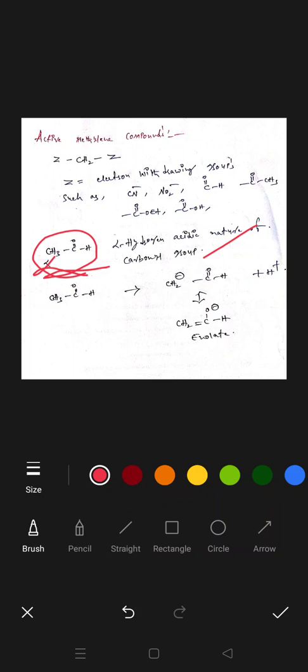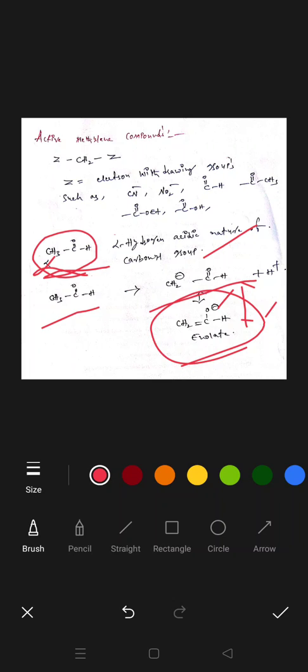This carbon ion is stable because it undergoes tautomerism to form the enolate, a stable species. In this enolate, the negative charge on the carbon is transferred to the oxygen. A negative charge on the highly electronegative oxygen atom is more stable, so the enolate is a stable compound.